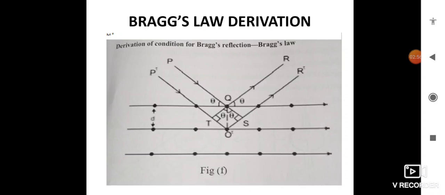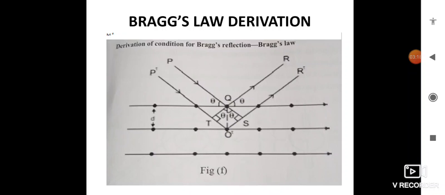Here we get 2 Q dash sin theta, and since the spacing between two planes is d, you can write 2d sin theta. That is, delta equals 2d sin theta is the path difference between the interfering waves.